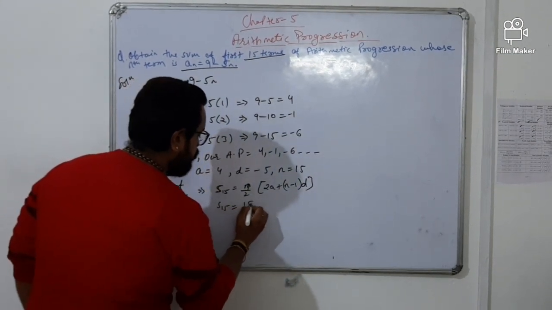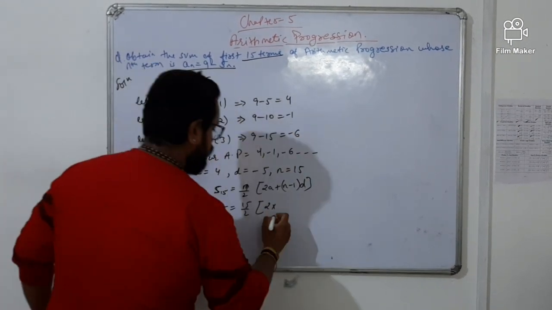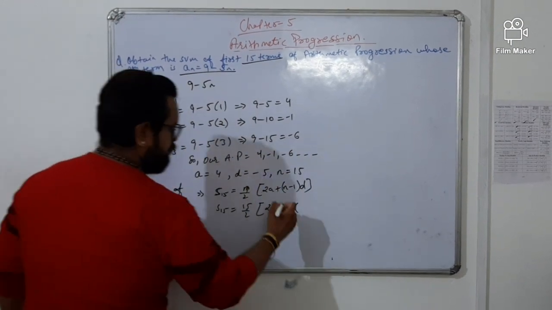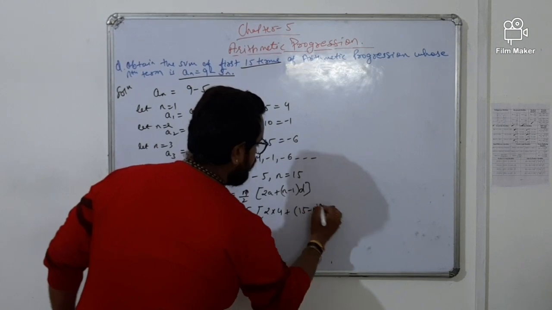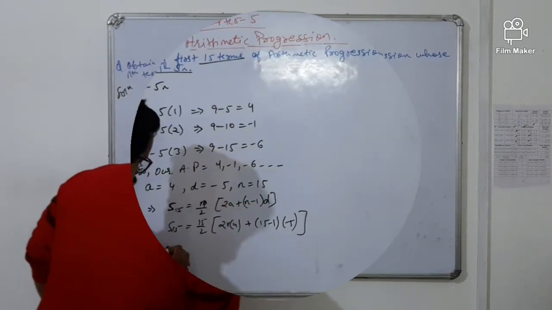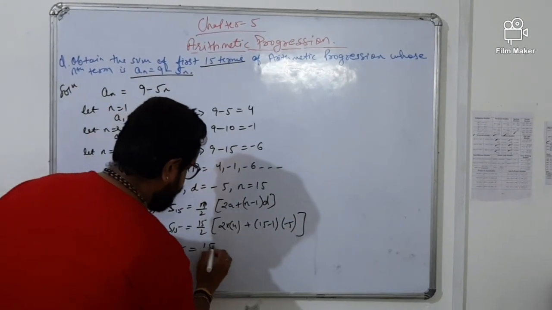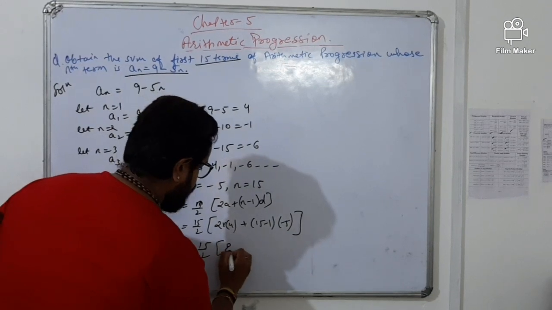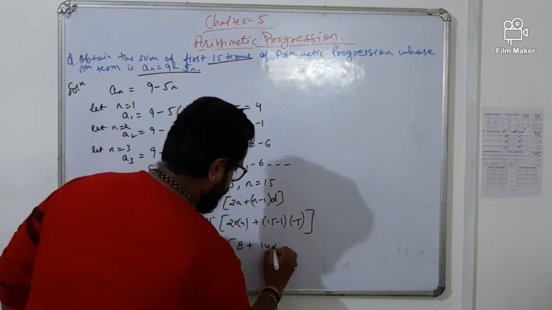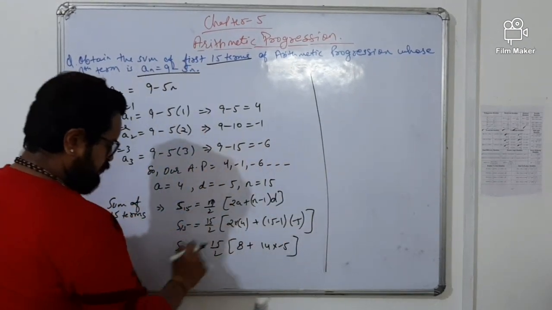S15 equals 15 by 2, 2 into the value of A, which is 4, plus the value of n, 15, minus 1, and the value of D is minus 5. So we have kept here all the values. Now solve it. 15 by 2, 4 twos are 8, plus 15 minus 1 is 14, and 14 into minus 5.